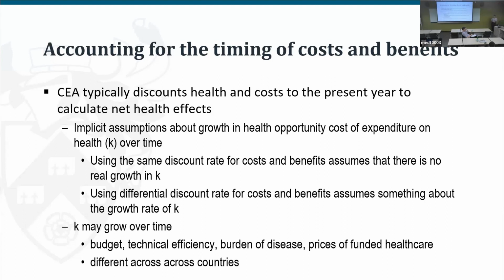We think actually K is quite likely to grow or decline over time. It's definitely not likely to be constant. It's going to change due to changes in the budget for healthcare, technical efficiency, the burden of disease within a country, the prices of funded healthcare, and not only is it going to be different over time within an individual country, but it's going to differ across countries as well.